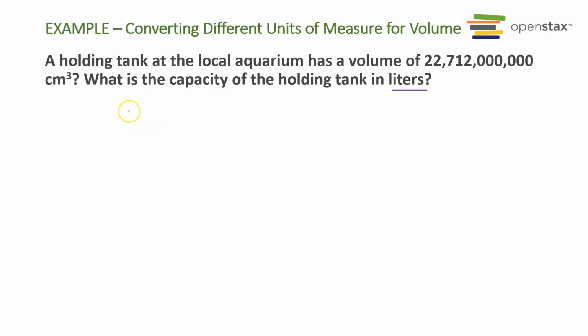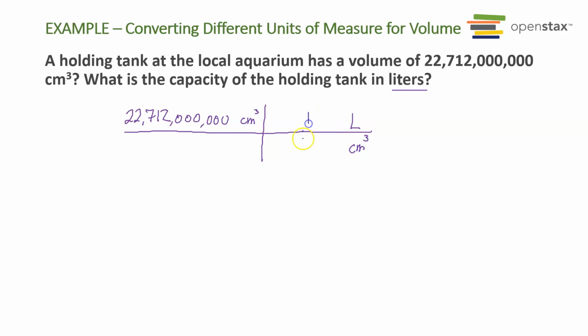But we have already seen that 22,712 cubic meters. And we want to convert this to liters. So we want to get rid of the cubic centimeters. 1 liter is 1,000 cubic centimeters.